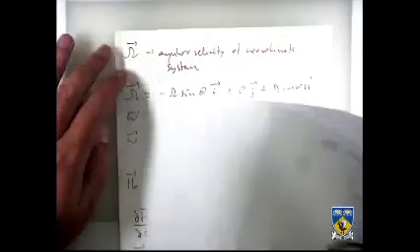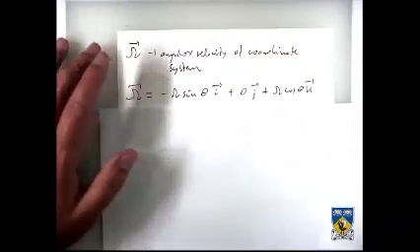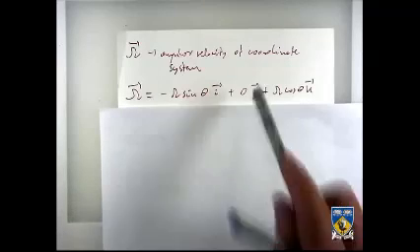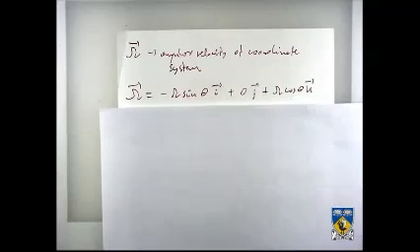So this is now our angular velocity of the coordinate system: minus omega sine theta in the I direction, nothing in J, and omega cosine theta in the K direction.